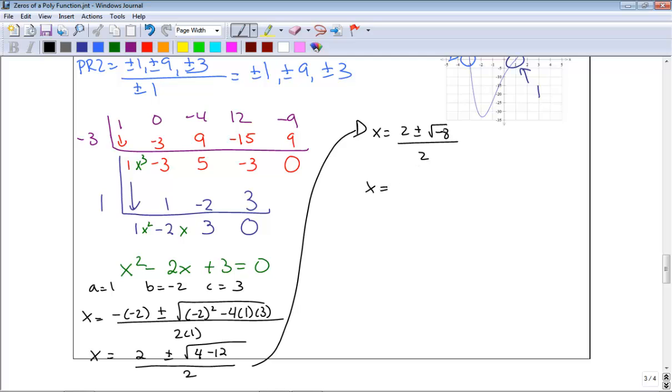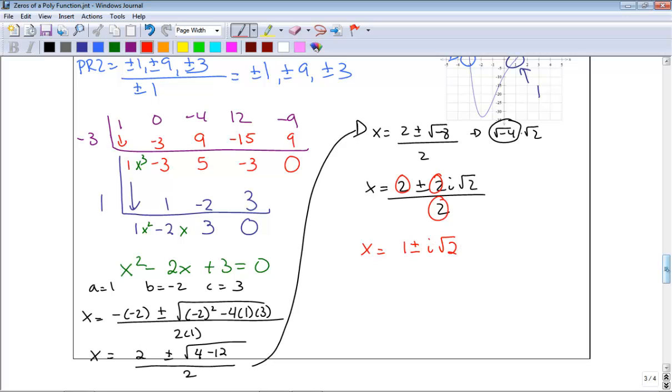The square root of negative 8 can be cleaned up. It's the same as the square root of negative 4 times the square root of 2. So I'm going to write 2 plus or minus 2i root 2, all over 2. I have 2's in common, so I can factor out a 2 from all three of those terms, and x is now equal to 1 plus or minus i root 2.